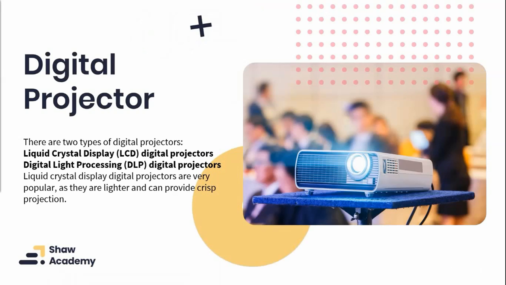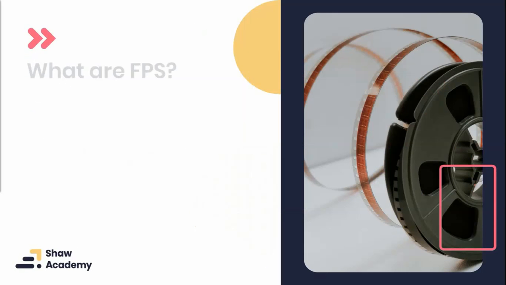It's played back through a digital projector, where the light passes through the little LCD screen actually inside the projector itself and projects it onto whatever it is, whether it's a wall or an actual screen that you're projecting onto. But the concept here, whether it's recording the film or playing back the film, is that they still operate on different frames per second. So, what are frames per second?